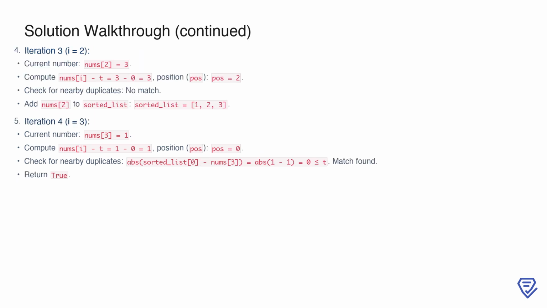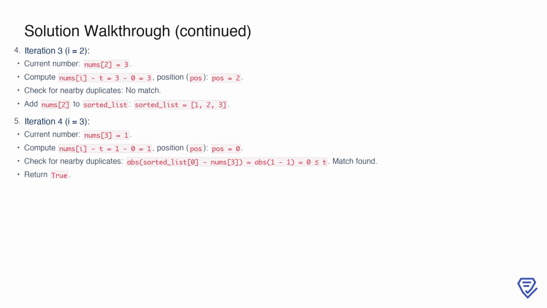Now, for nums[2], which is 3, the calculation nums[i] - t gives 3 - 0, which equals 3. The position for insertion is determined to be 2. Again, there are no nearby duplicates since all differences exceed the threshold t. We add nums[2] to the sorted list, updating it to sorted_list equals [1, 2, 3].